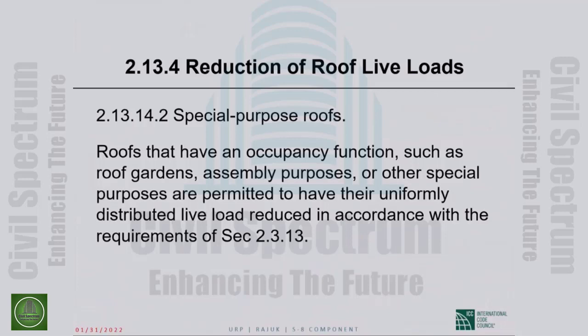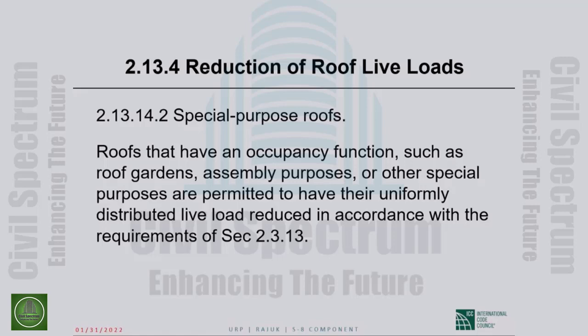Okay, special purpose roofs. Roofs that have an occupancy function, such as roof gardens, assembly purposes. Many times people assemble on roofs, you know that quite well. And other special purposes are permitted to have their uniformly distributed live load reduced, so then you basically design for floor live load and you take floor live load reduction.